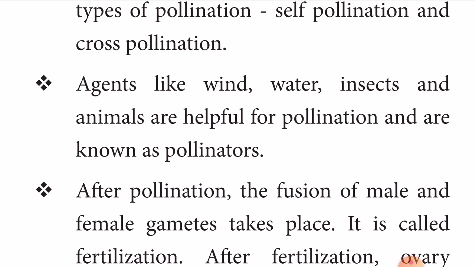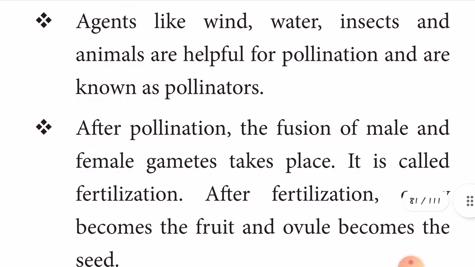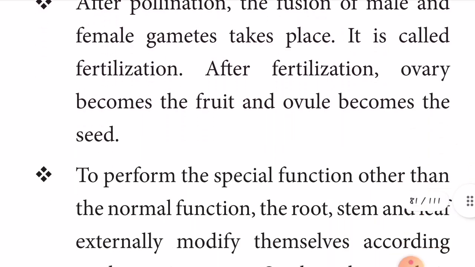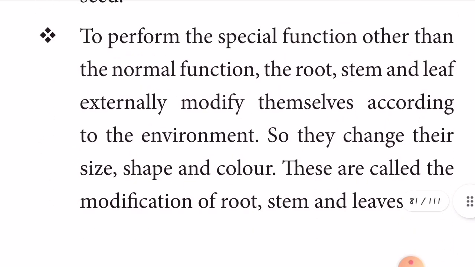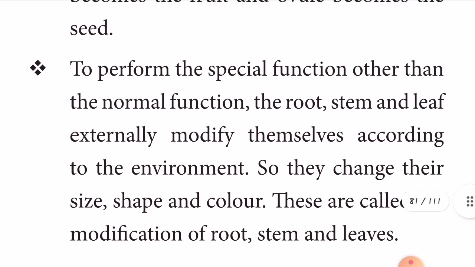They are called pollinators: wind, water, insects. These are the different types of pollinators. So these are all the points to remember, children, and this lesson is also over. Is it clear to you?